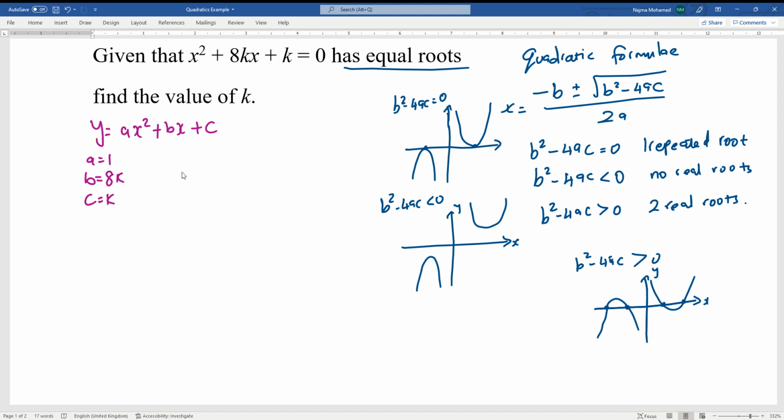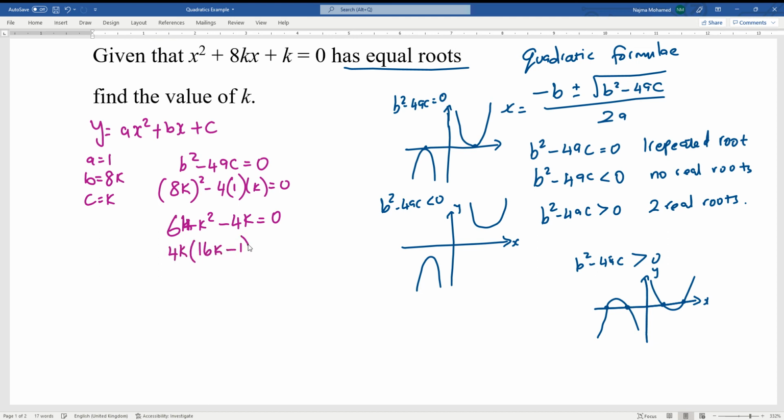Using our formula, b squared minus 4ac equals 0. b is 8k, squared, minus 4 in brackets 1k, equals 0. 64k squared minus 4k equals 0. And we can put 4k outside. If we put 4k outside, we end up with 4k times 16k minus 1 equals 0.